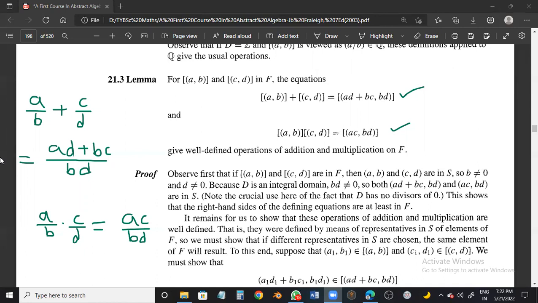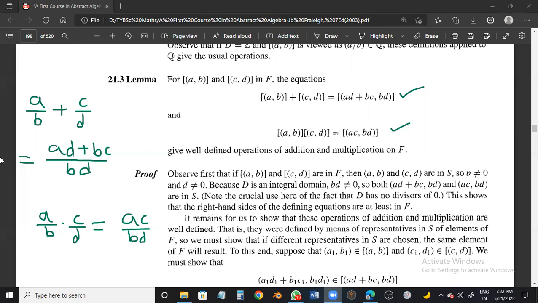I repeat my statement, there was a small mistake. The product of two non-zero integers will always be a non-zero number. The product of two non-zero elements will be a non-zero element. If the product happens to be zero, we call them zero divisors, and we don't have any zero divisors over here.